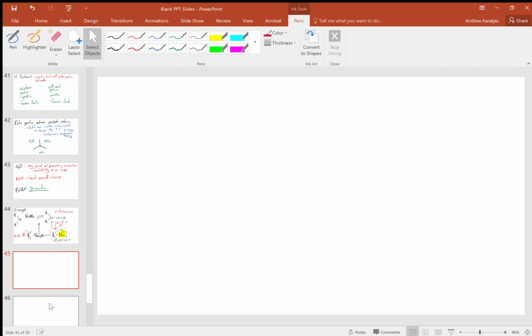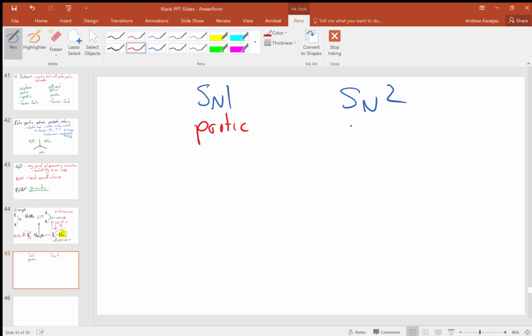All right, so let's just summarize before we go and do some practice. What favors SN1 and what favors SN2? So SN1 wants a protic solvent, whereas SN2 wants an aprotic solvent. For leaving group, they're the same.